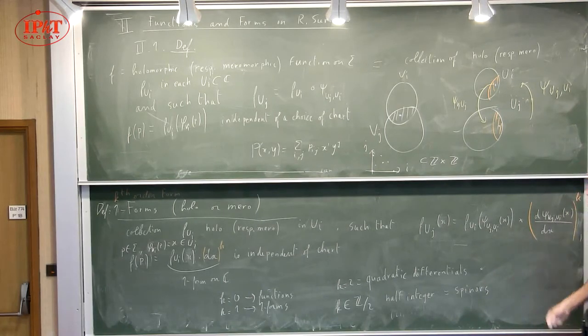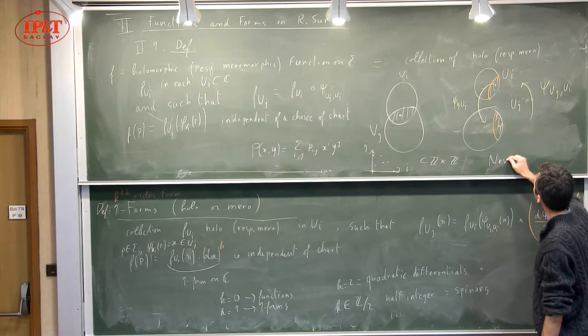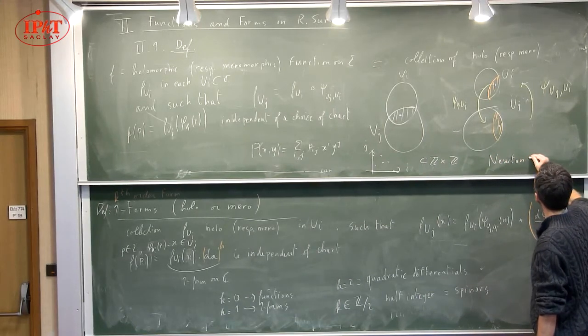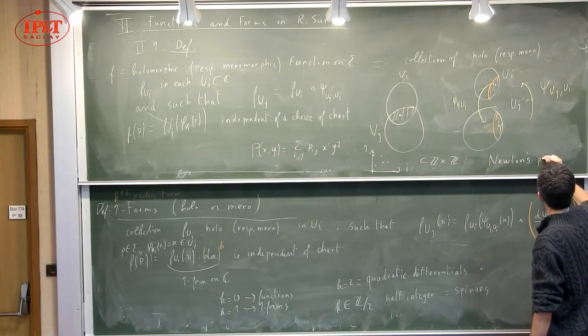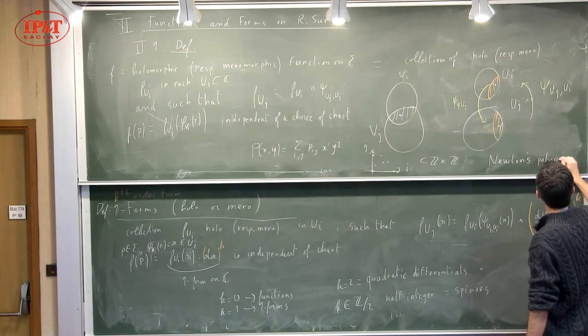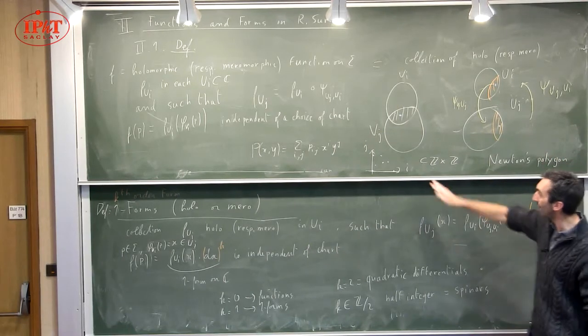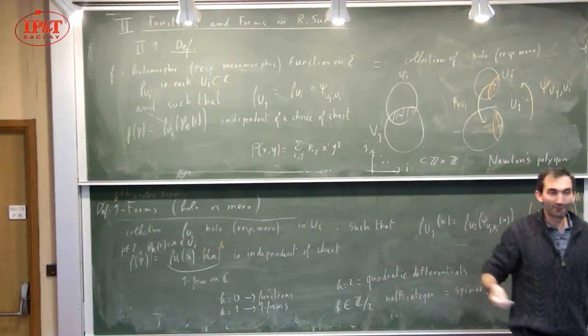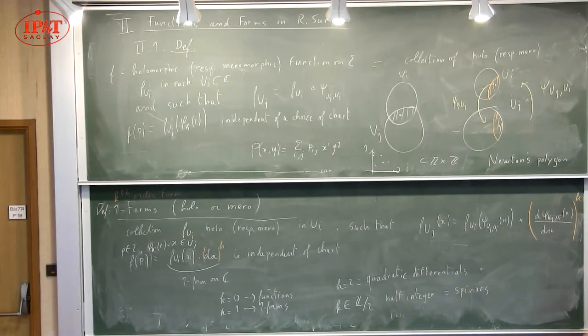It's called the Newton's polygon method. With some very easy things, we shall be able to find all forms and functions. Okay, thanks.